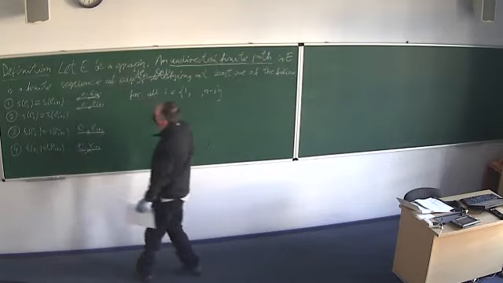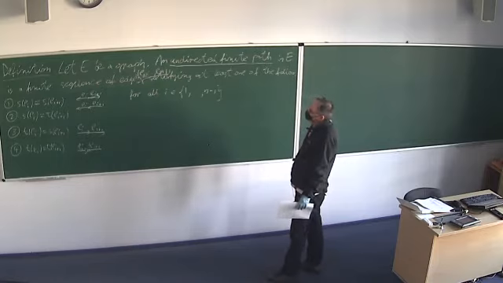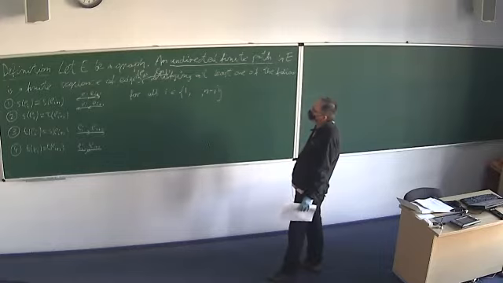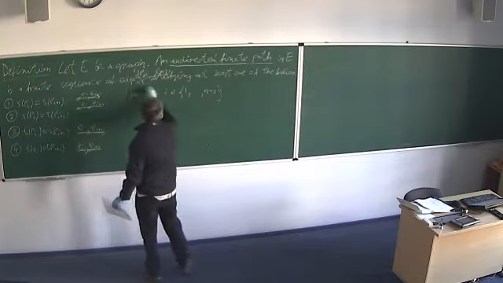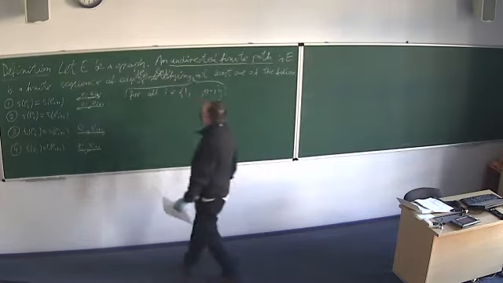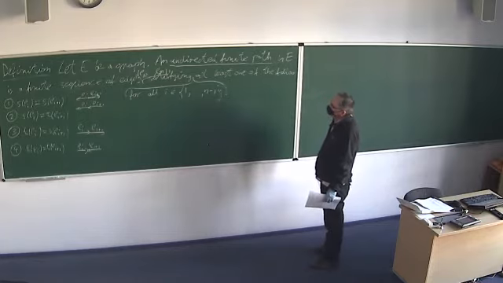For every i, so maybe I should put the quantifier earlier. Let me put it here, right? Then maybe it's unambiguous. A finite sequence of edges satisfying for all i at least one of the following.